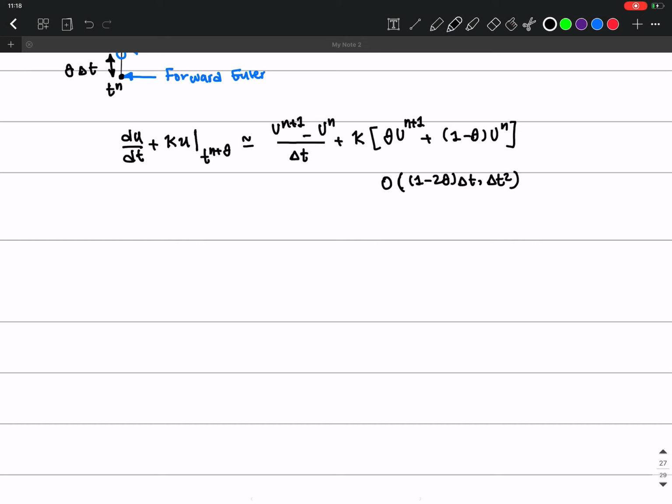So let's rearrange these terms. It's going to give me 1 plus kappa theta delta t times un plus 1 equals 1 minus kappa 1 minus theta delta t times un.